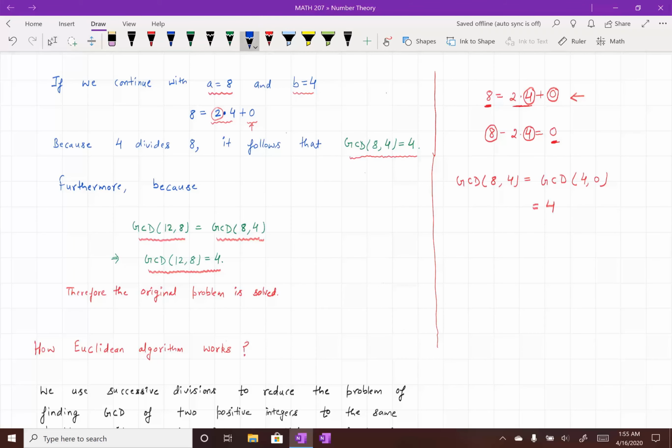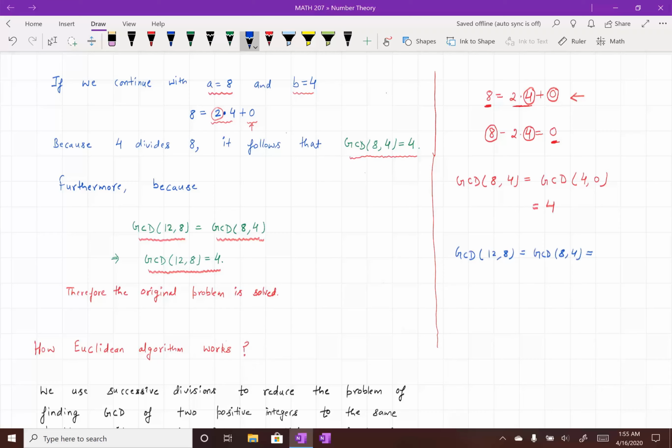We started from the original problem, which was to compute the GCD of 12 and 8, and based on applying the division algorithm and finding the common divisor, we proved that the GCD of 12 and 8 is the same thing as the GCD of 8 and 4.